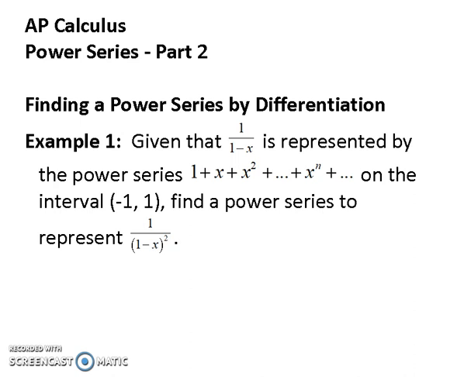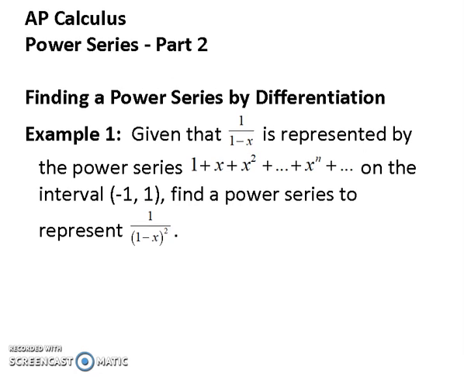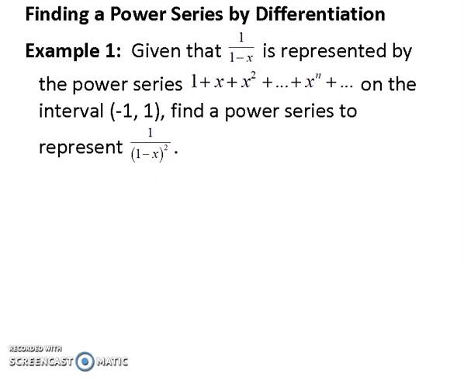So here in example 1, it says, given that 1 over 1 minus x is represented by the power series 1 plus x plus x squared plus so on and so forth plus x to the n, where n goes to infinity, on the interval from -1 to 1, find a power series to represent 1 over 1 minus x quantity squared. So if they're giving you information about a series, then they're trying to say, hey, that one's going to help you with this 1 over 1 minus x squared.